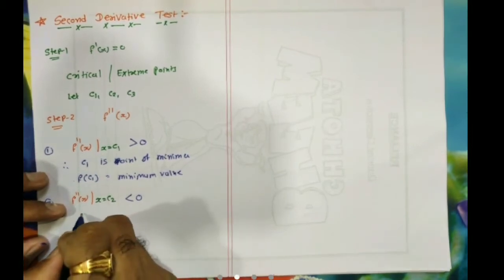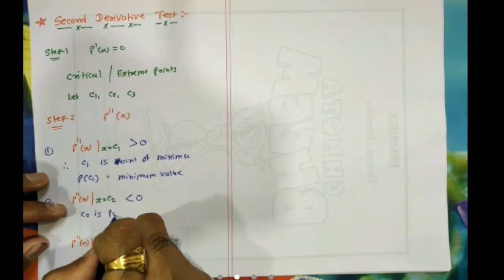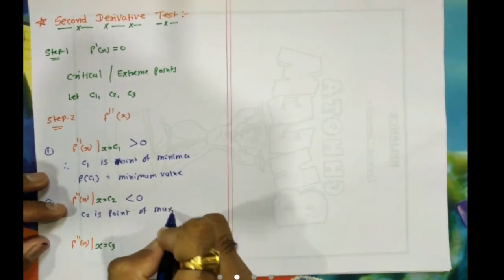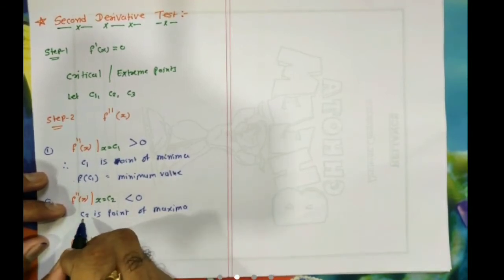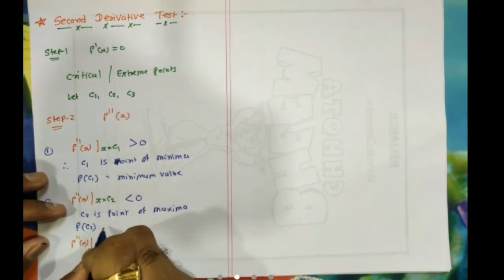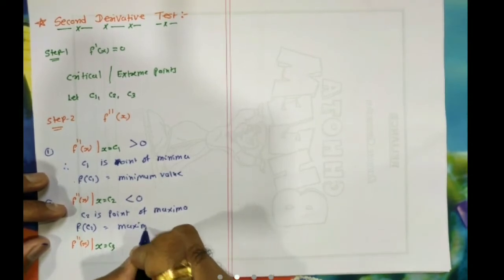If the value of the second order derivative of the function is less than 0, then we can say that C2 is the point of maxima, and the value of the function at x equal to C2, that is f(C2), is the maximum value. That is the second case.